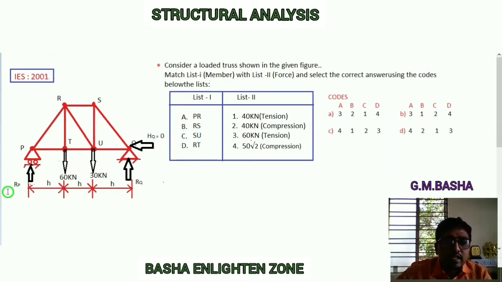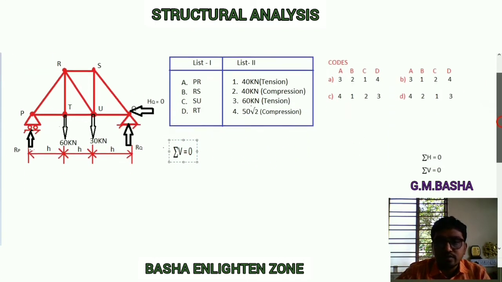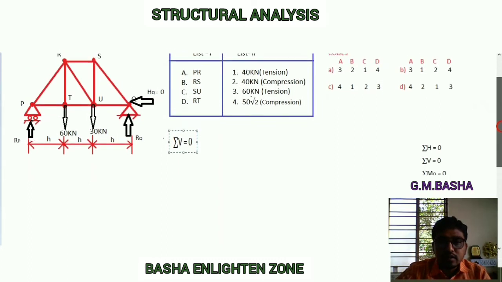Then calculate reactions at P and Q. For that, take sigma V equal to 0. See here, RP and RQ will be acting in upward direction and the given loads will be acting in the downward direction.